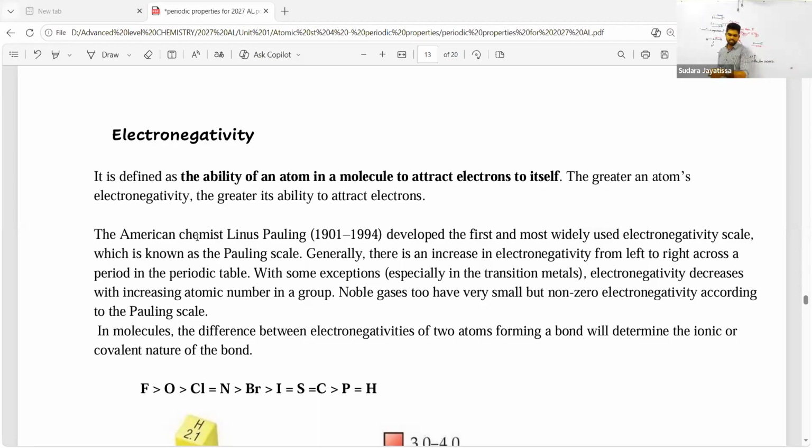Okay, then can you see an order? Fluorine, oxygen, chlorine, nitrogen, bromine, iodine, sulfur, carbon, phosphorus, and hydrogen. You need to memorize that. That's the only thing I'm asking; other things are not that important. Memorize that order.